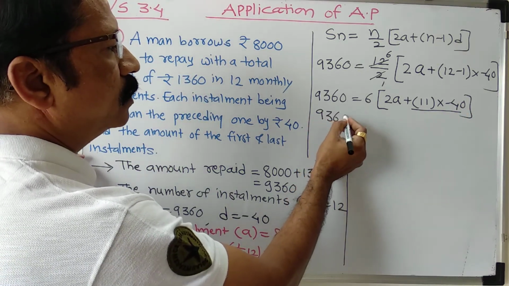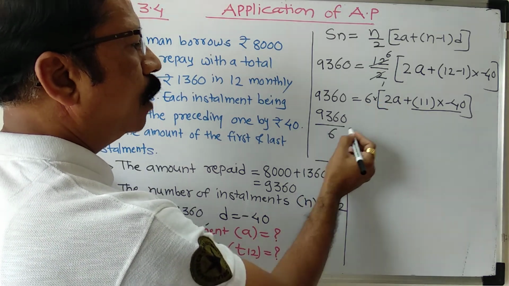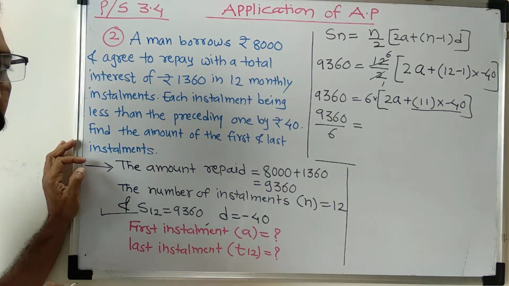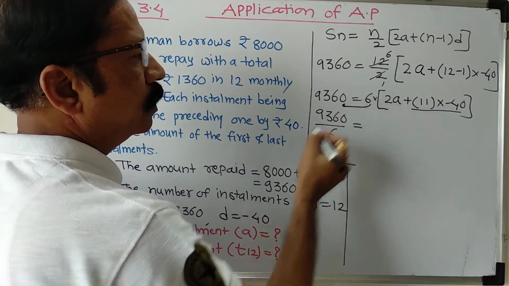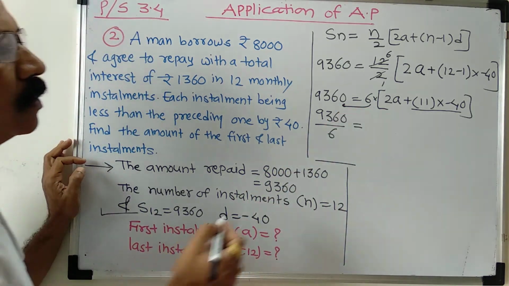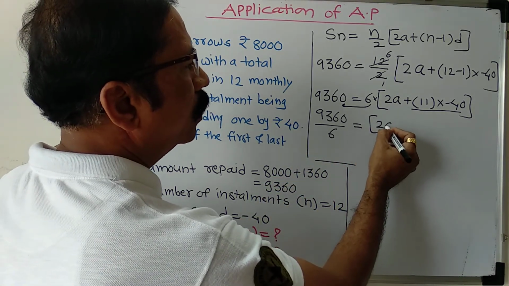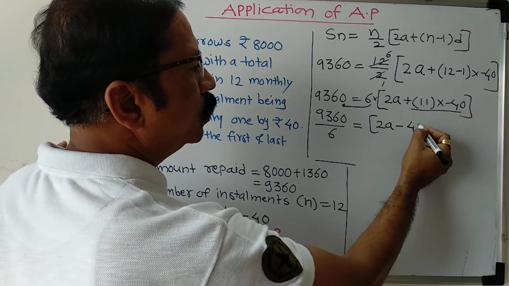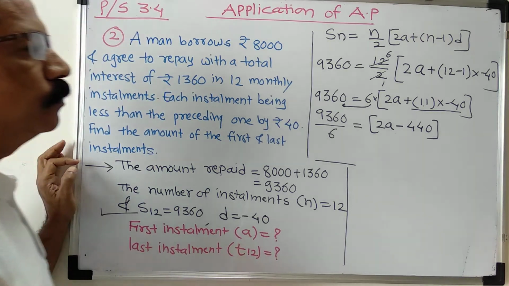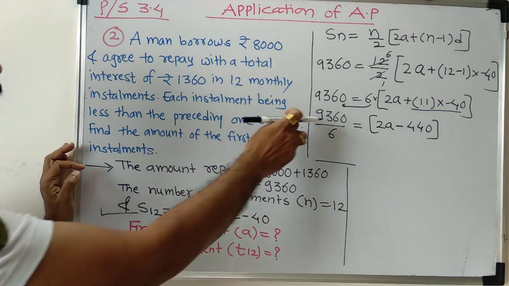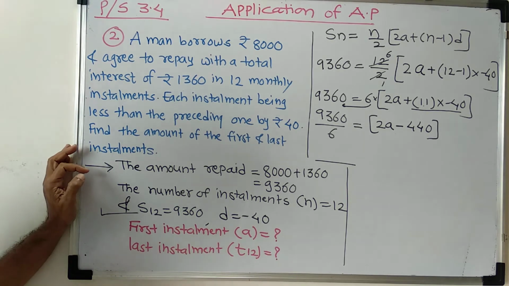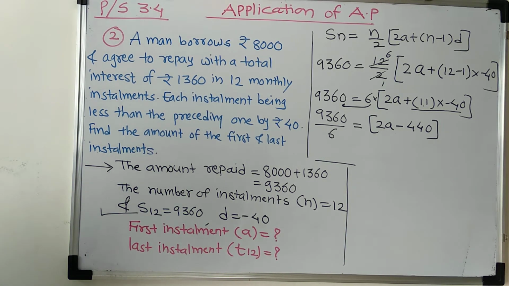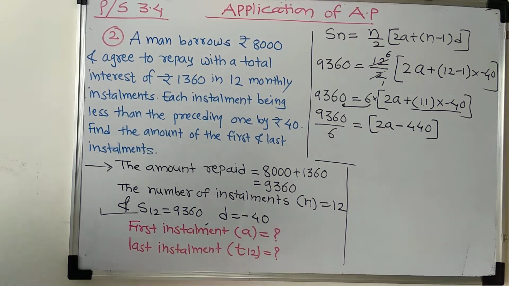So I shifted the 6 over here: 9360 upon 6 is equal to, inside the bracket, 2a plus into minus gives you minus, 11 into 40 gives you 440. Now simplify. 9360 divided by 6 gives you 1560.